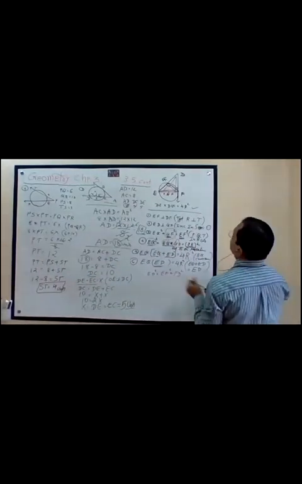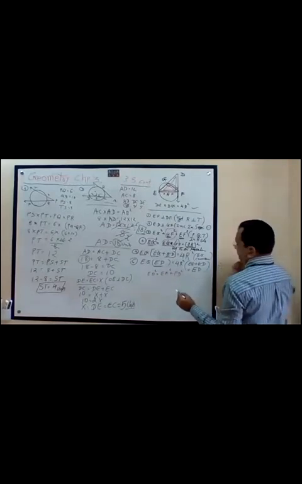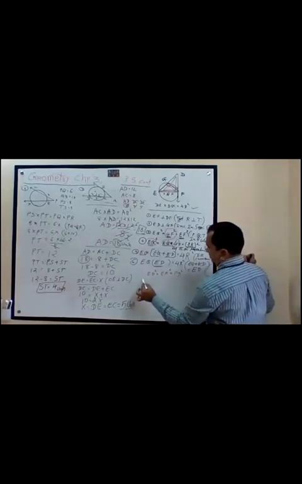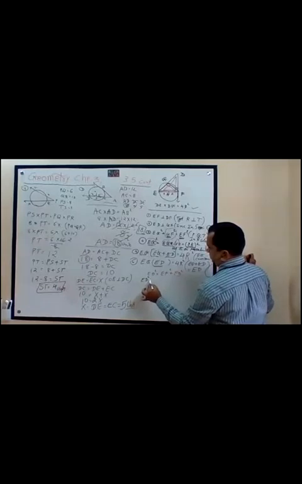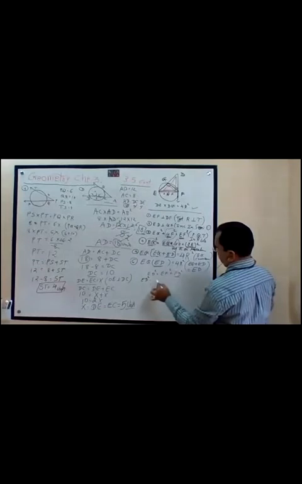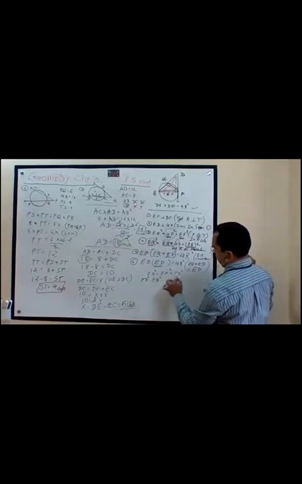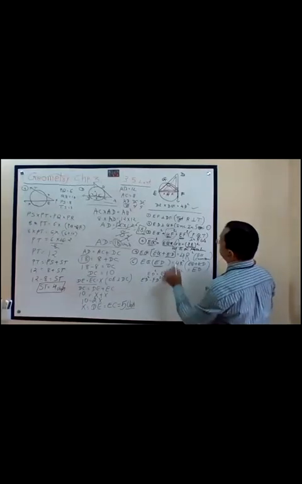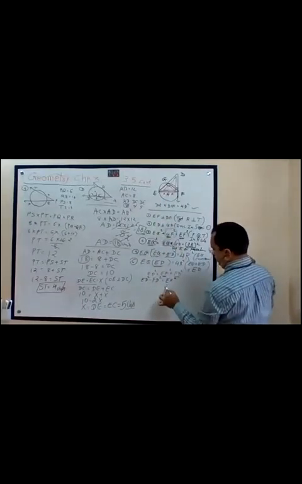Then ED square will be the same. Minus FD square. This I have taken this side. And EF square. EF, again it is 2R.